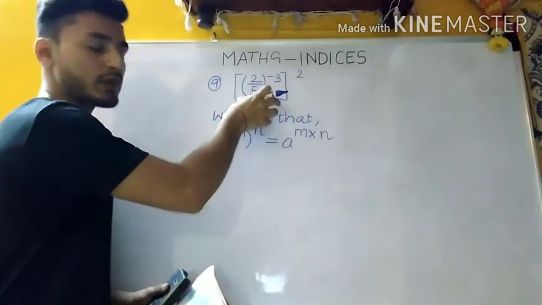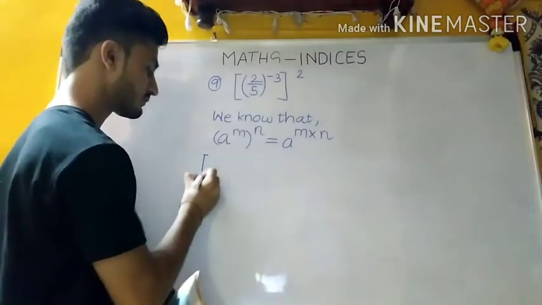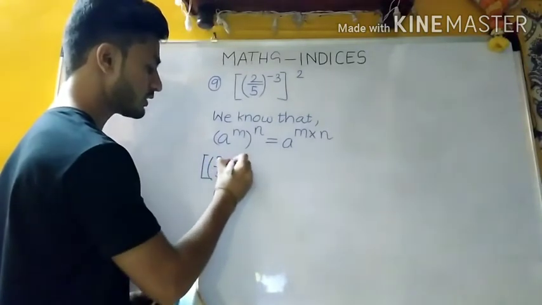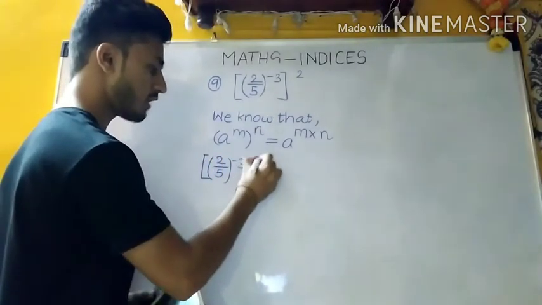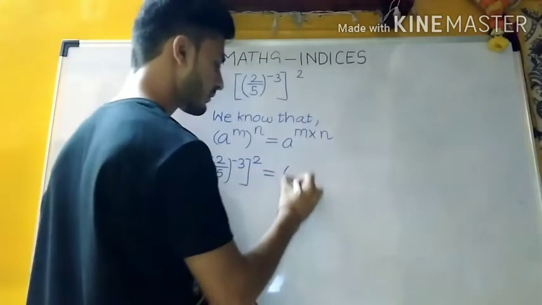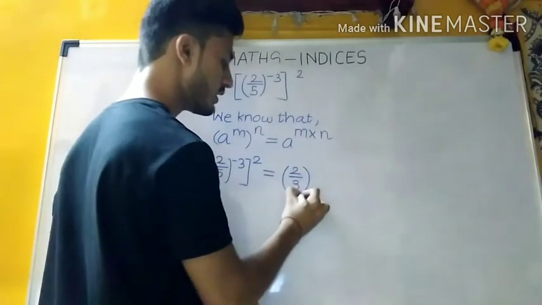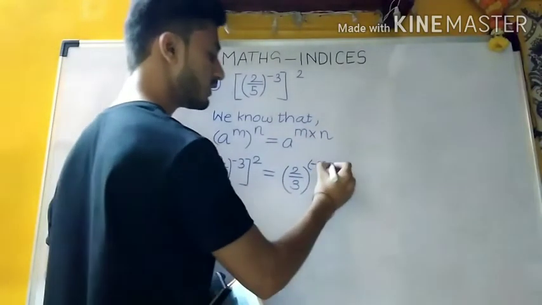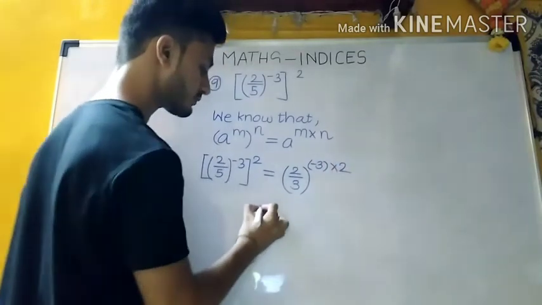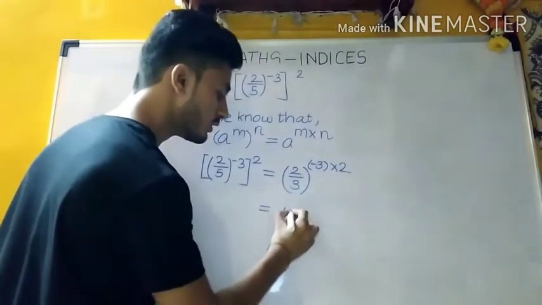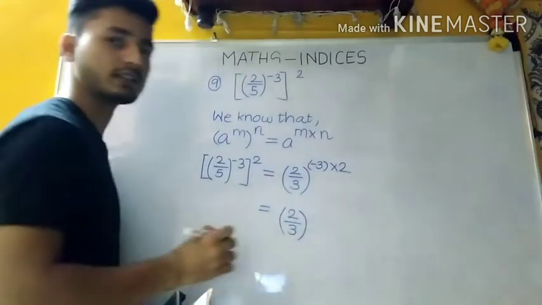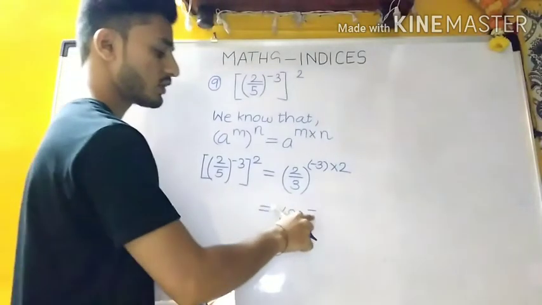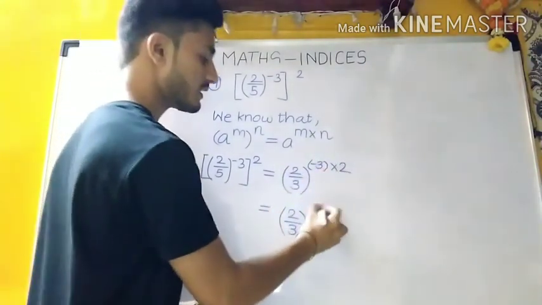Now we'll convert this question in the form of formula, that is 2 upon 5 raised to the power minus 3 raised to the power 2, which is equal to 2 upon 3 raised to the power m into n. So it will be minus 3, since it is a negative number, into 2. Again, first we will do the multiplication of signs and then the number. So minus into plus is minus, opposite signs. So the answer is negative, and 3 2s is 6.